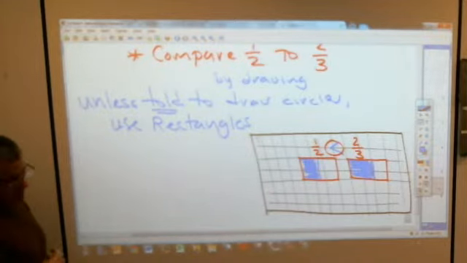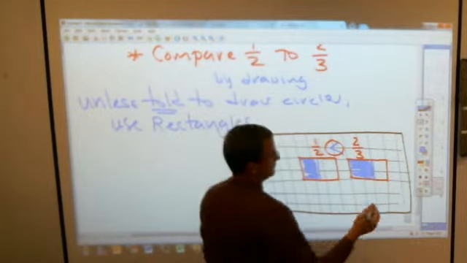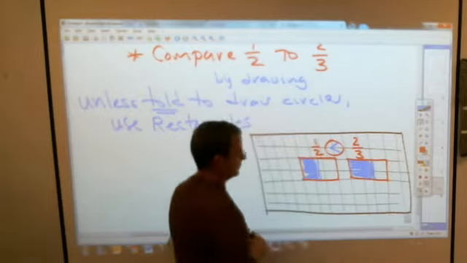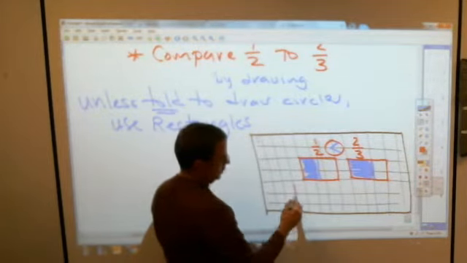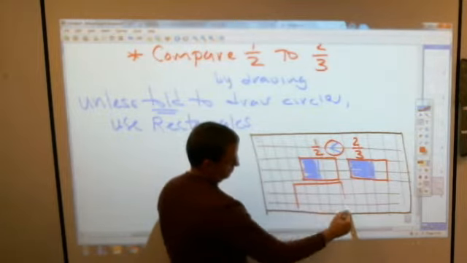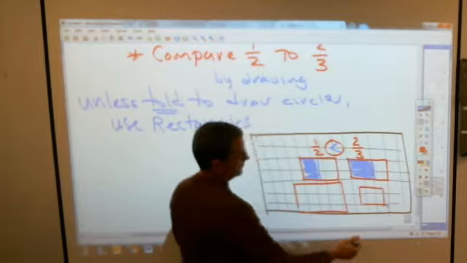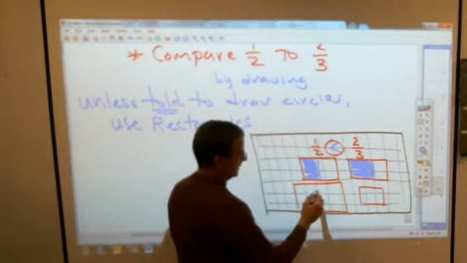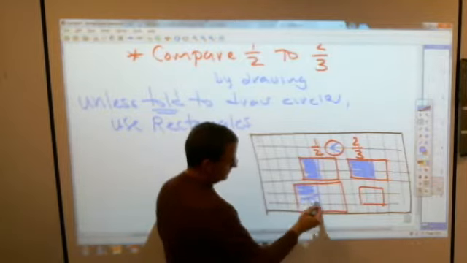Maybe it would be helpful for me to show you how not to do it. I have seen thousands of kids go, oh well, here's my first rectangle, here's my second rectangle. This one I'm cutting in half and shading it.